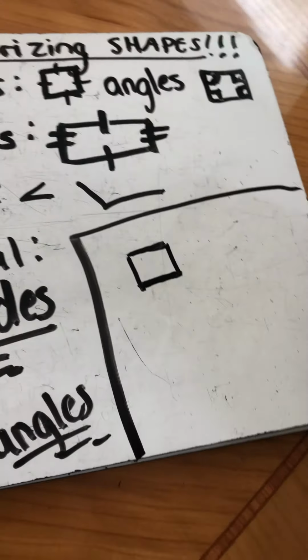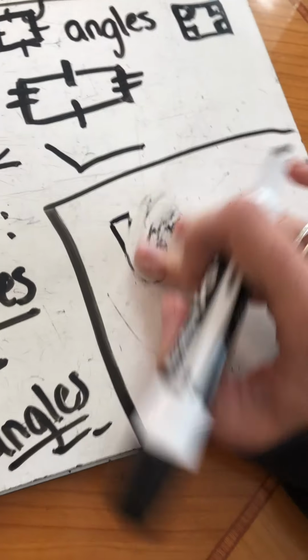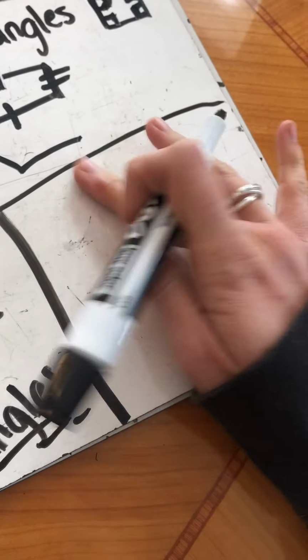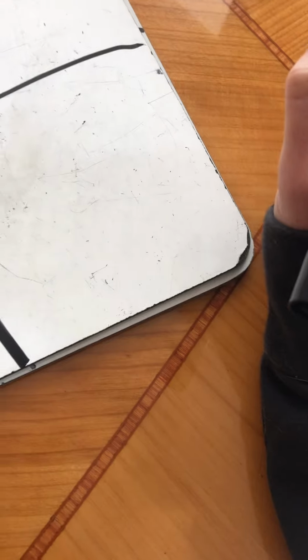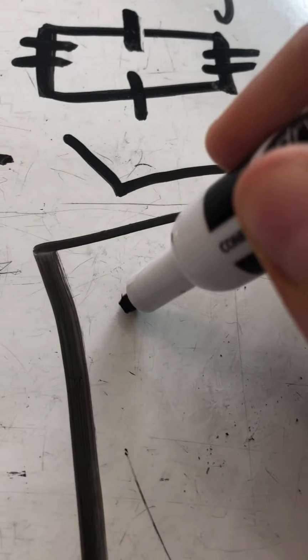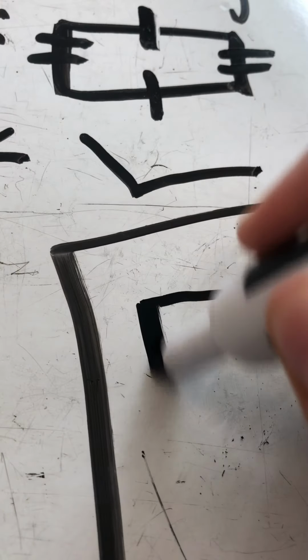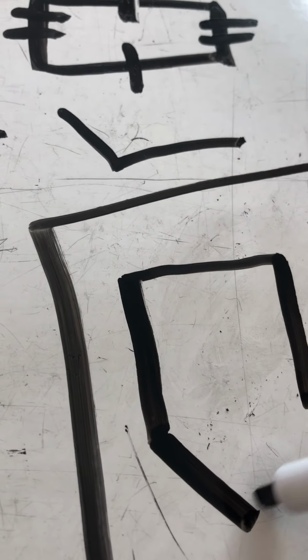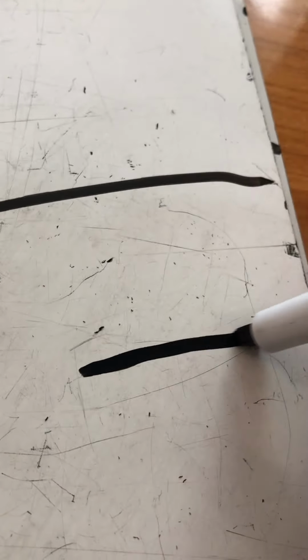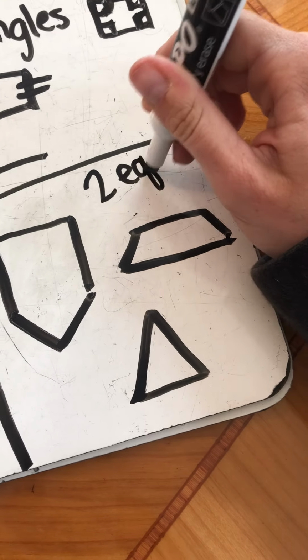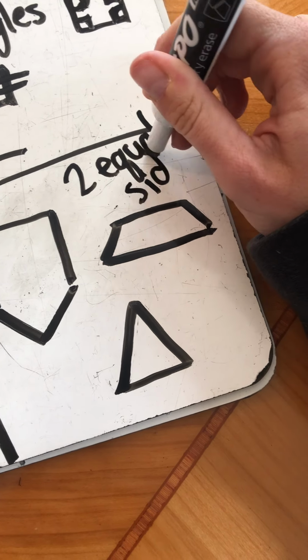So it's going to have 4 different shapes, and you have to pick which shape has exactly 2 equal sides. So let's see. It's not asking for 4 equal sides. It's asking for 2 equal sides. So if my choice was between these 3 shapes, I need 2 equal sides.